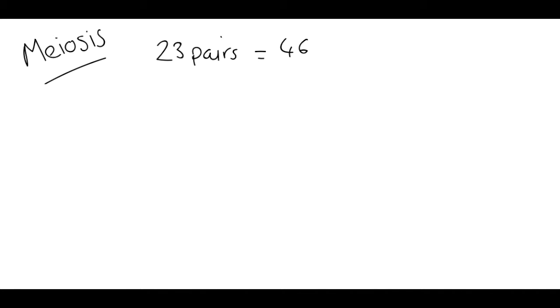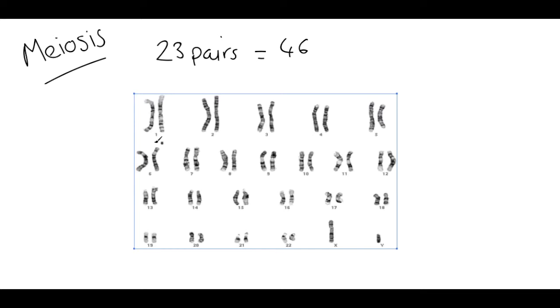And when you have all of these pairs, what it means is you have this, which is images of chromosomes. And chromosomes are in their pairs. So this is chromosome 1, and it's got one chromosome there and another one, chromosome 2, and so on. So you get to your 23rd pair, which is these two, the sex chromosomes.